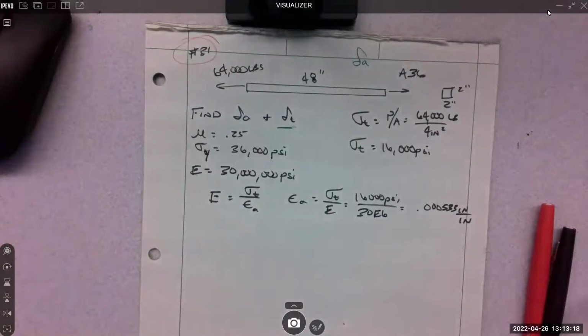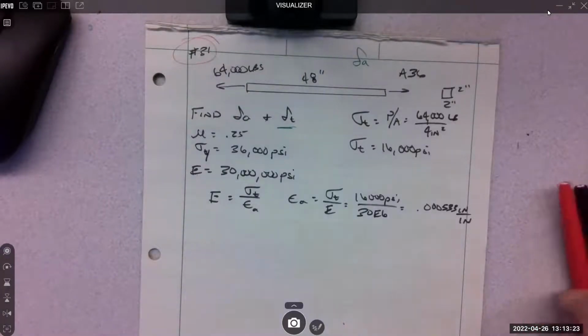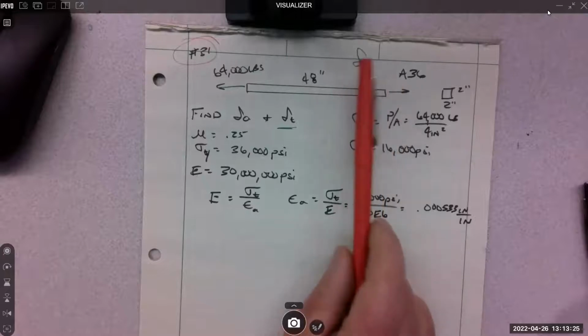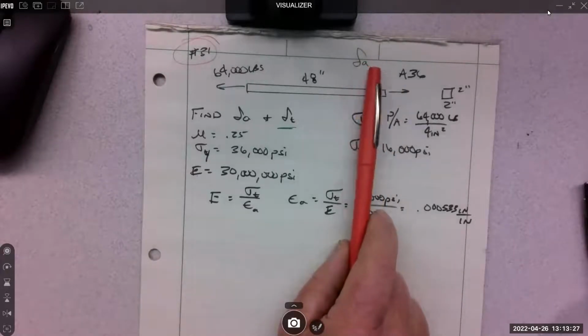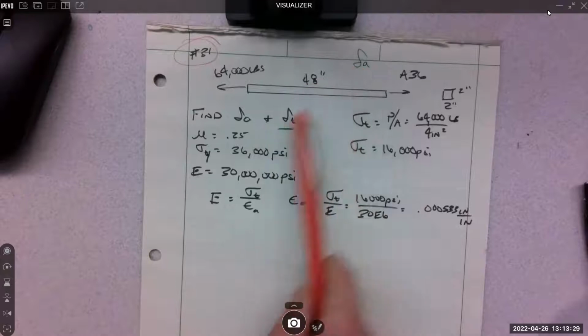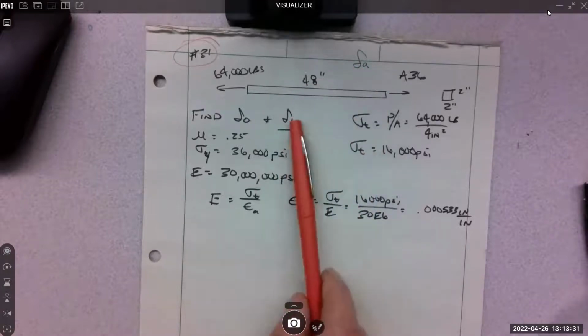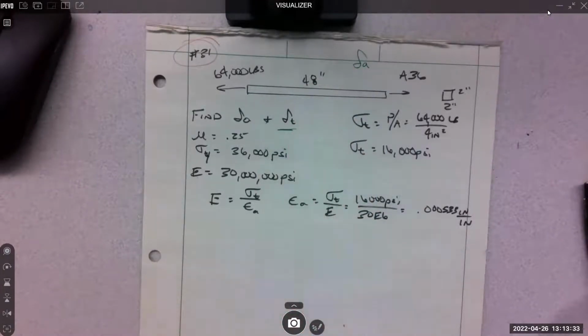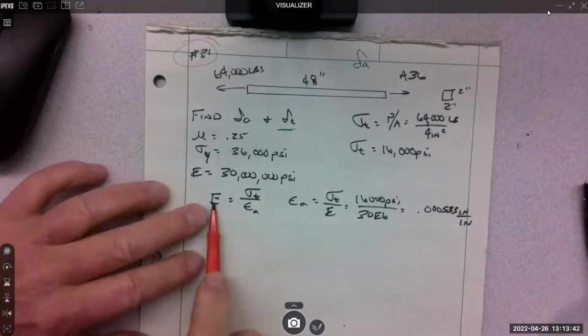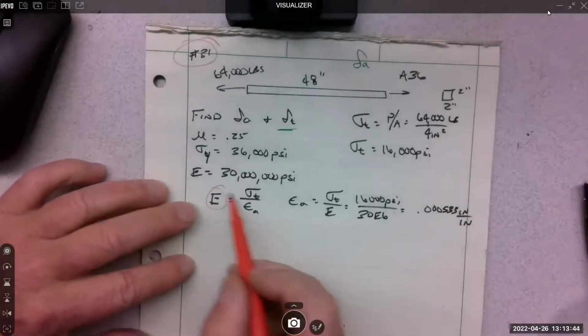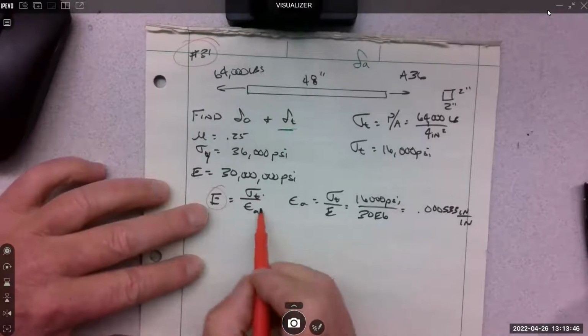All right, so let's keep going on it, even though you haven't seen it before. So the problem's asking for lateral change and transverse change, both. So before we can get any kind of change in the cross section, we have to get the axial change. So the way you get the axial change is you use E, because we know the modulus is equal to the stress divided by the strain.